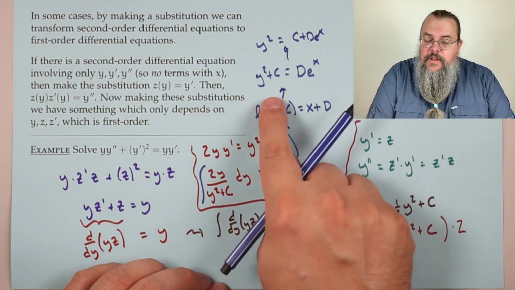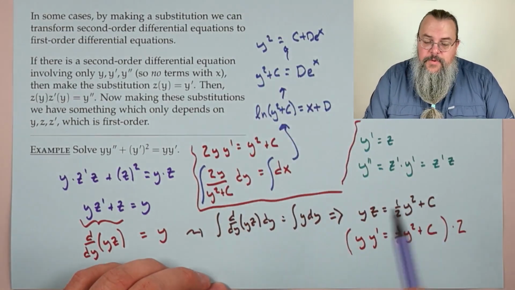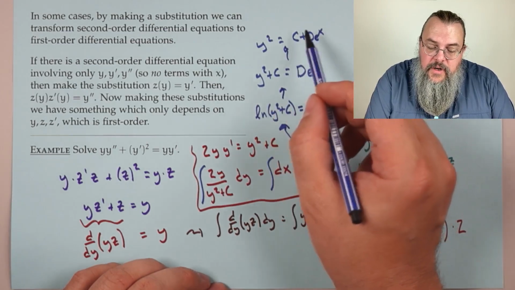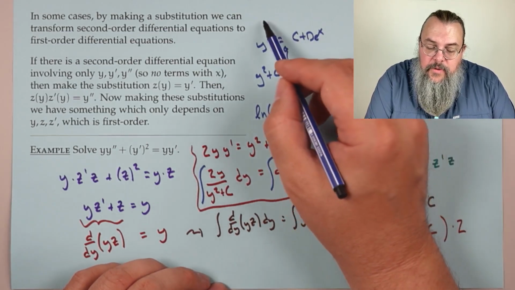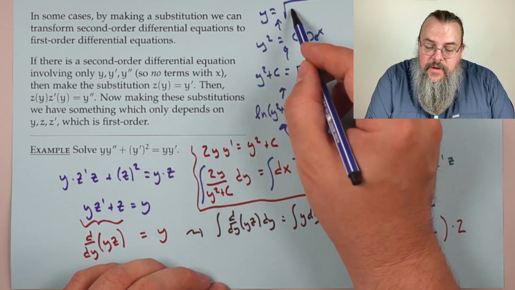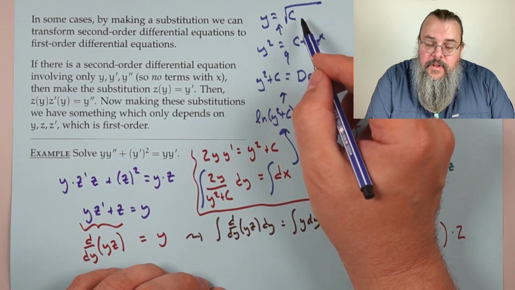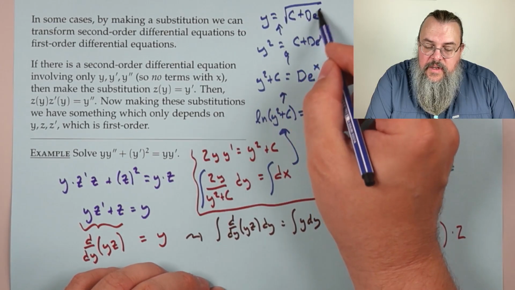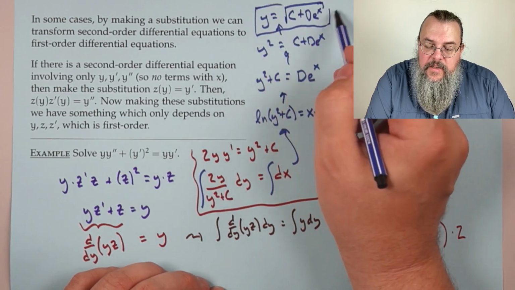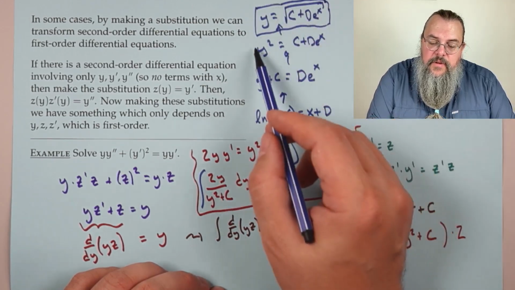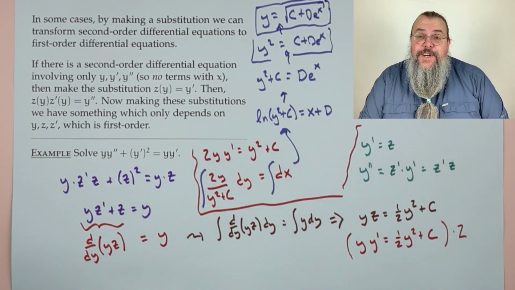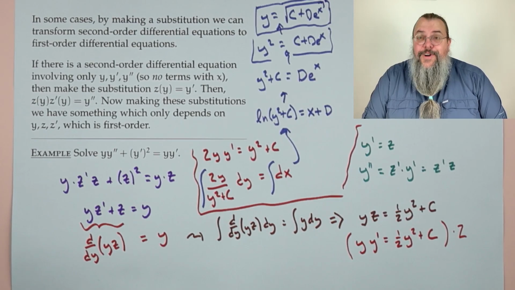And again, of course, because it's a constant, we can move it across. And finally, well, we can stop here, or we can take a square root. Well, either way. y is the square root of some constant c plus some constant d e to the x. Now, technically, you'd have plus or minus, so maybe y squared equals c plus d e to the x is slightly better, but in either case, we can solve.